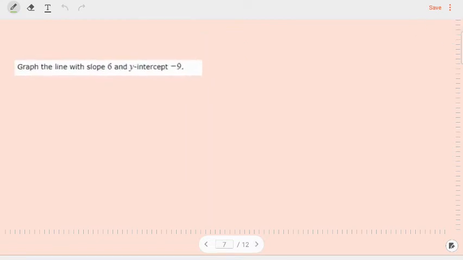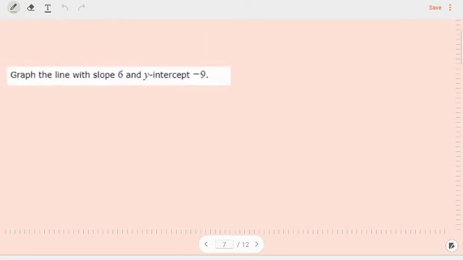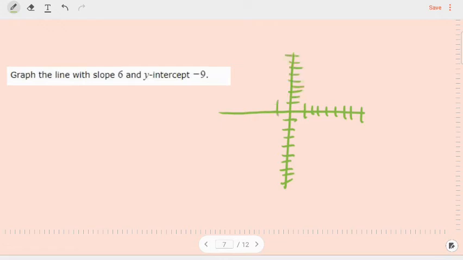All right, this one says to graph the line with a slope of 6 and a y-intercept of -9. So on your assignment, you're going to have a little graph. 1, 2, 3, 4, 5, 6, 7, 8, 9. It's going to be the full grid and everything, but for this video, you can kind of follow along. So what does it ask me to do?